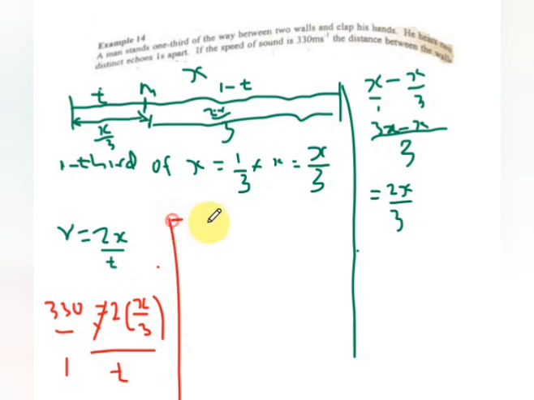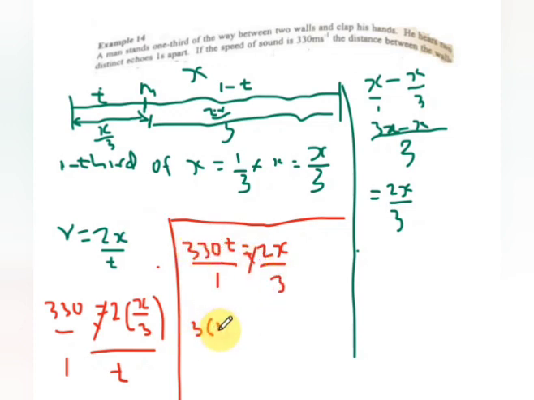On cross multiply, we're going to have 330t is equal to 2 times x over 3, which is 2x all over 3. Here we make this over 1 again, then cross multiply. So we have 3 times 330t is equal to 2x. Now open the bracket, we have 990t is equal to 2x.